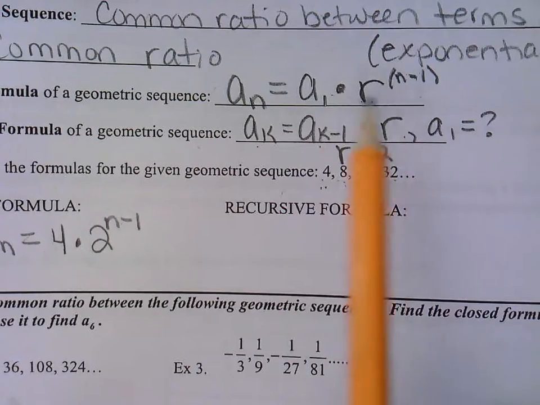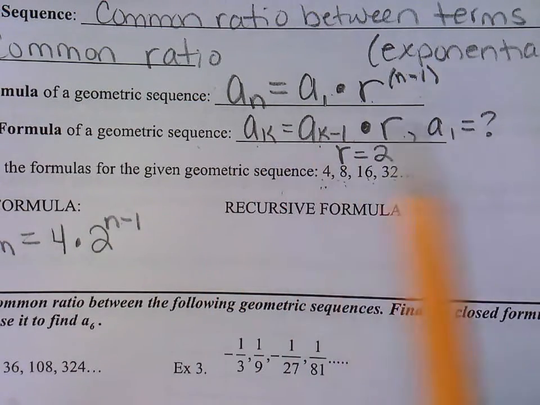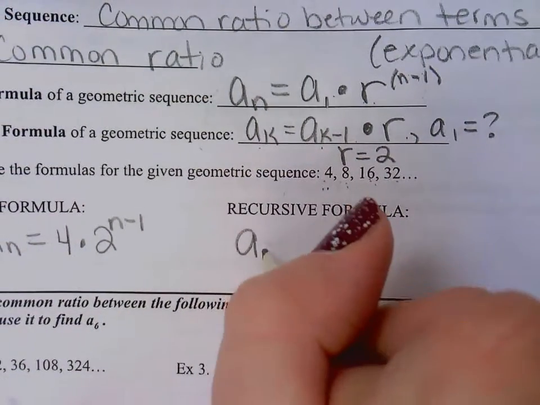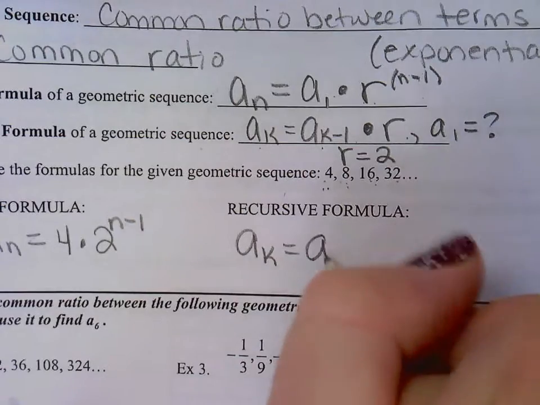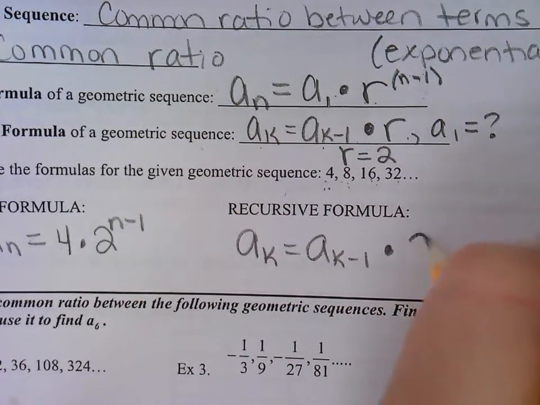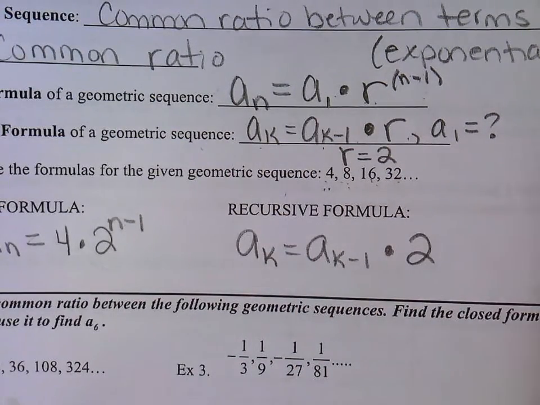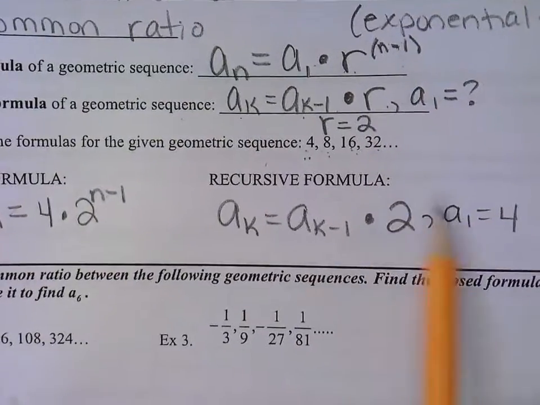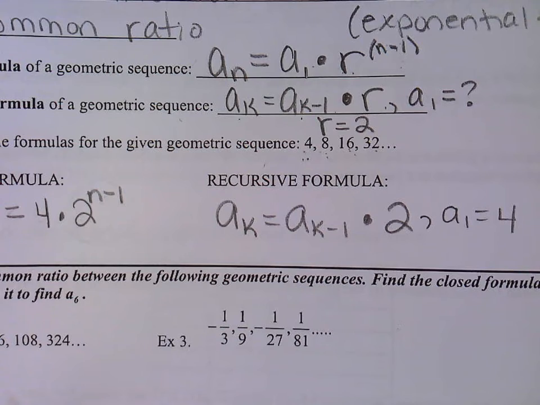So it doesn't generate like the 100th term for you, like the closed formula does. So the recursive formula for this one would be a sub k equals a sub k minus 1 times 2, and a sub 1 equals 4. So it's the same information, just presented in a less efficient way.